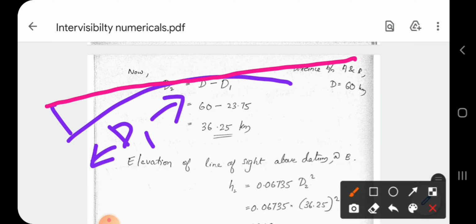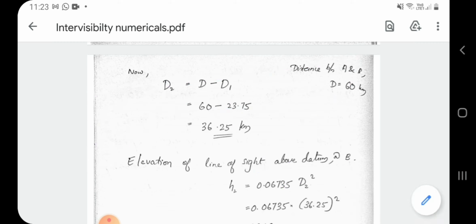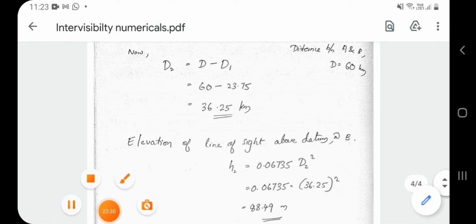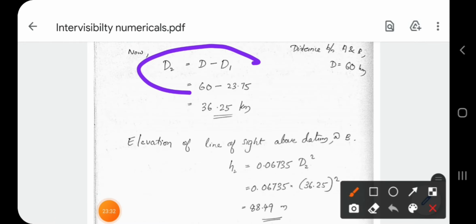Now we need to find D2. So D minus D1 will give D2.